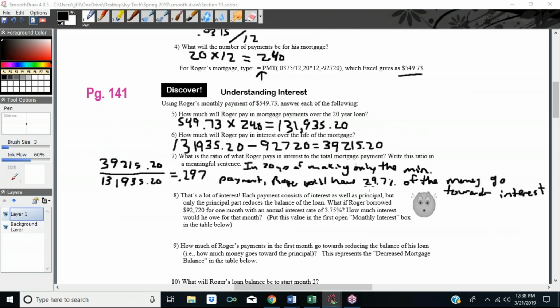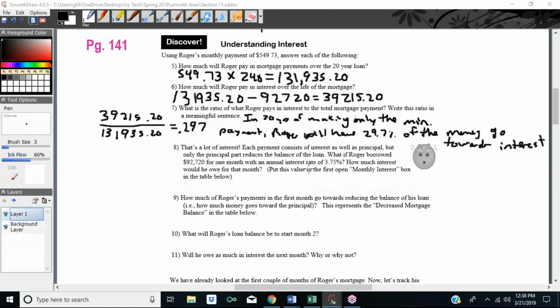All right, so it says here, that's a lot of interest. Each payment consists of interest as well as principal, but only the principal part reduces the balance of the loan. So it says, what if Roger borrowed this $92,720 for only 1 month? How much interest would he owe for that month?